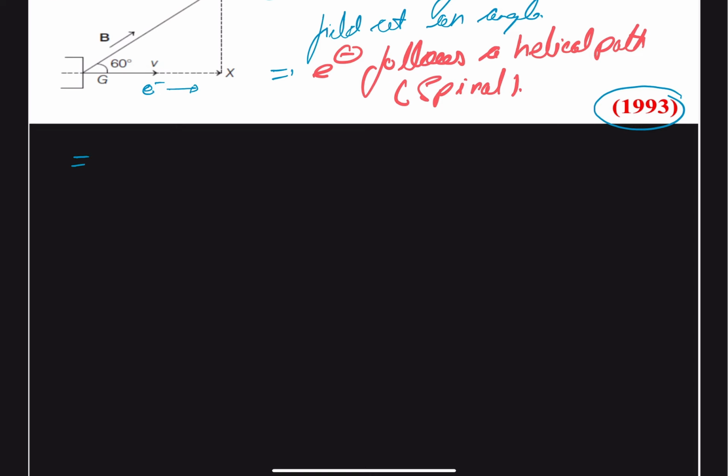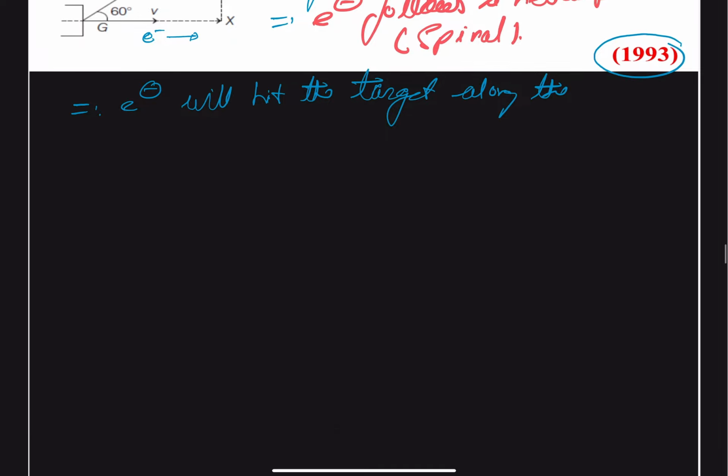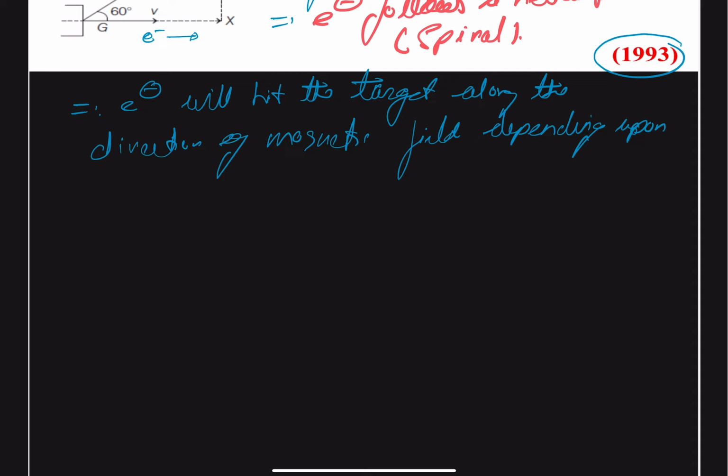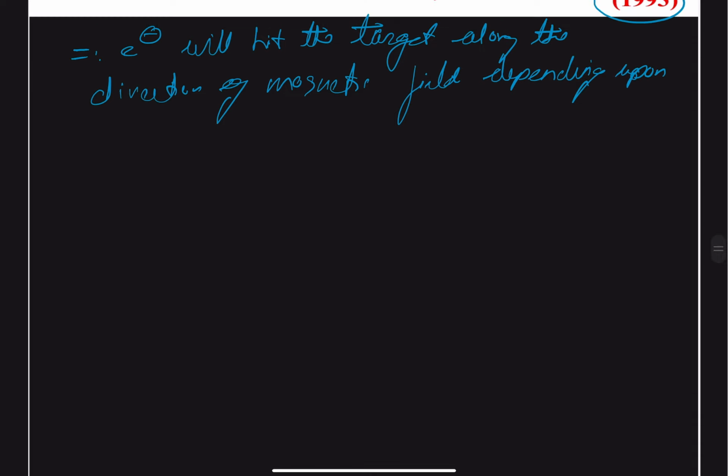You can say the electron will hit the target along the direction of the magnetic field, depending upon the pitch of the helix and length GS.